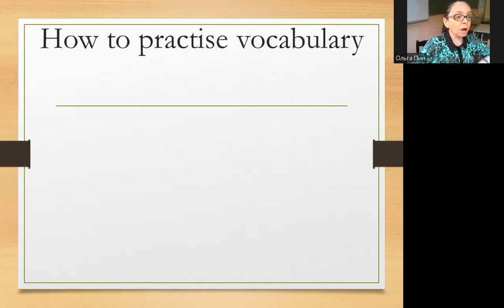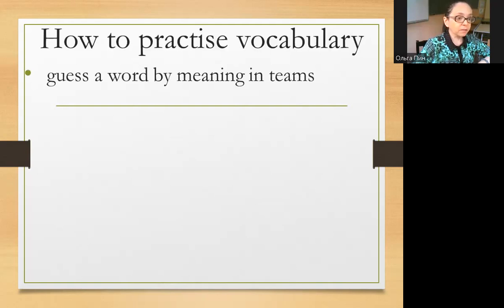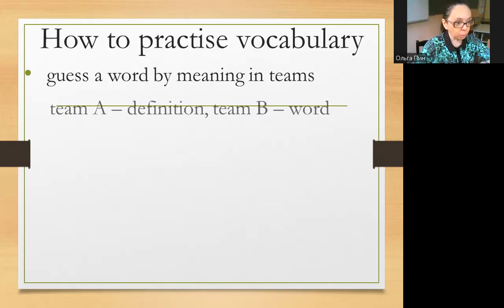Next, at higher levels, guess a word by meaning in teams. So separate students into 2 or 3 teams. One team gives the definition of the word, and other teams try to guess the word. Back to board, it's also a team game.